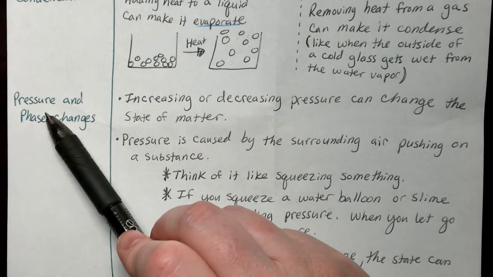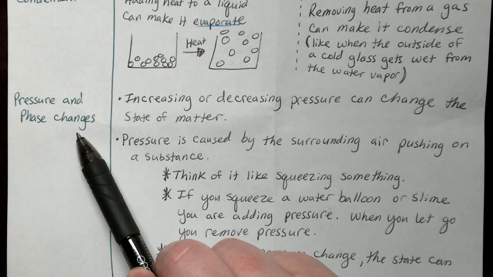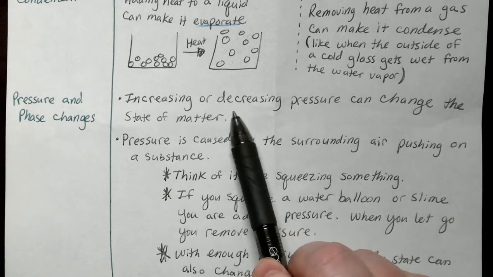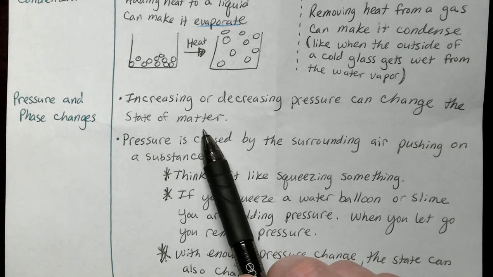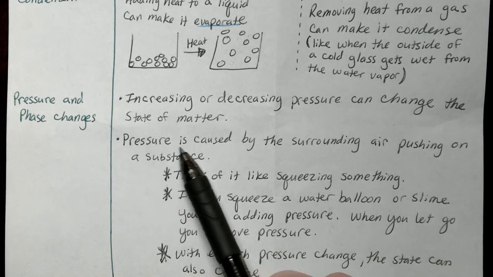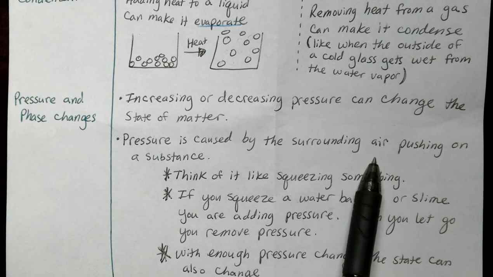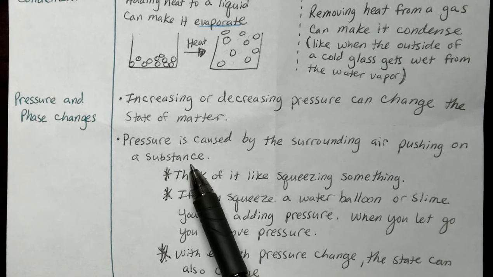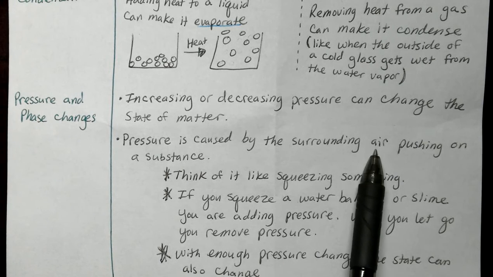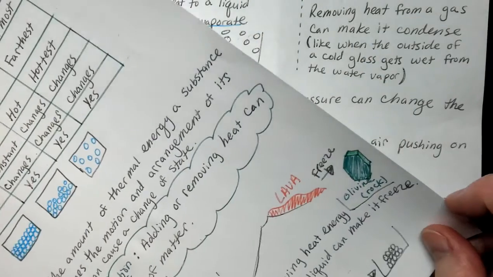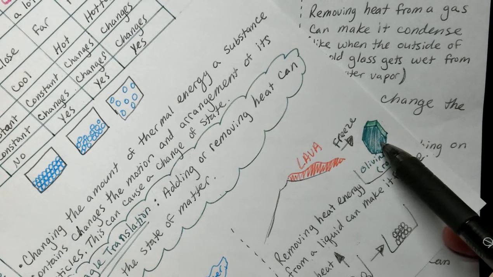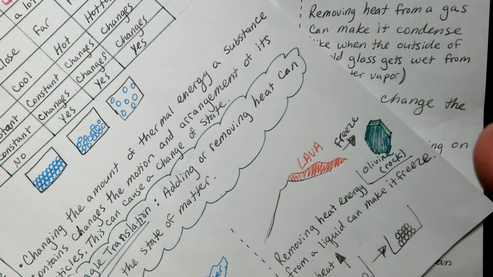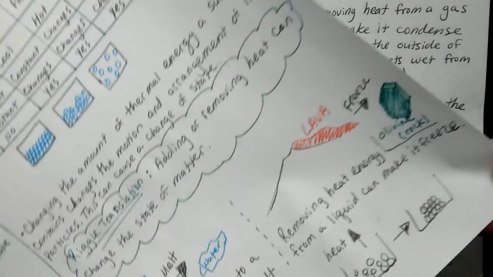So, pressure and phase changes. Increasing or decreasing pressure can change the state of matter. Pressure is caused by the surrounding air pushing on a substance. If we're talking about our rocks example here, if this were to form underground, we might have the weight of the whole entire world crushing down on that rock.